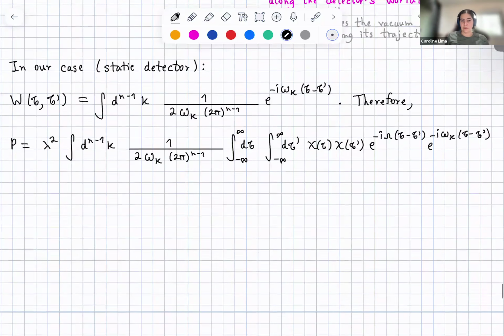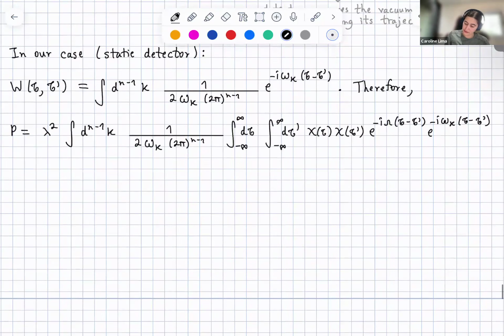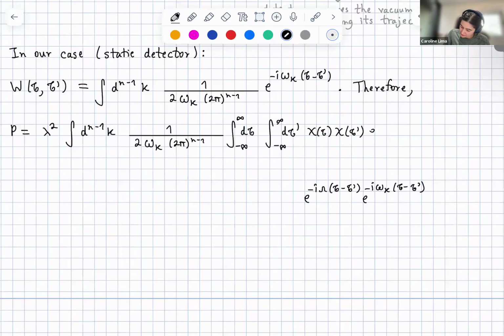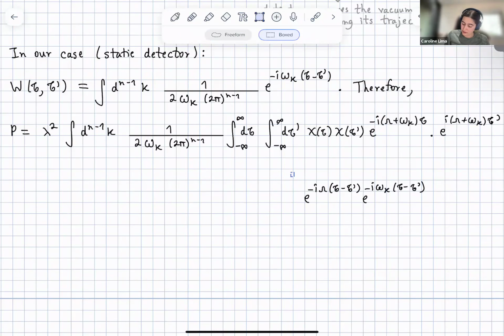I'll rearrange here because I'm running out of time. I can write this as e to the minus i (omega plus omega_k) tau, times e to the i (omega plus omega_k) tau prime.